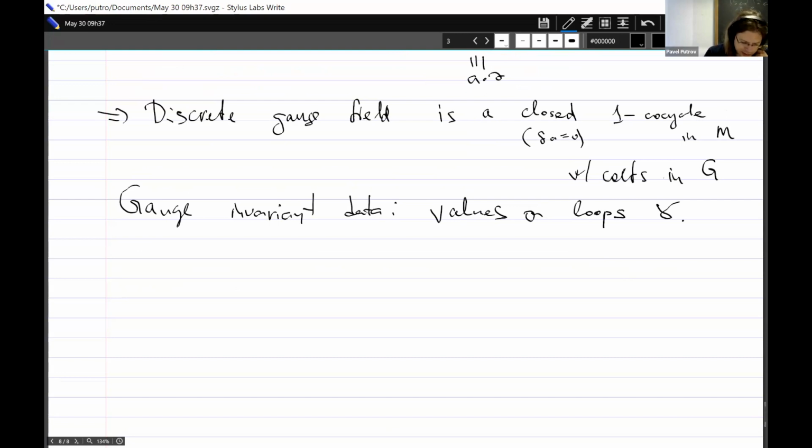And so what are the values on loops? Well, we already argued that it should be invariant under continuous deformation. So it should actually depend only on homotopy classes of loops.